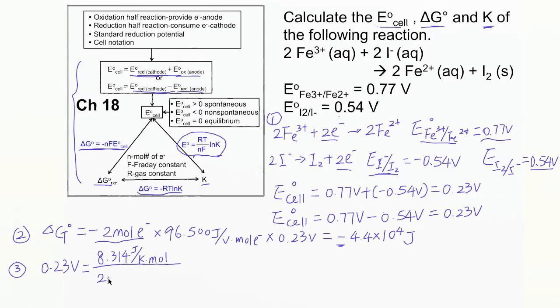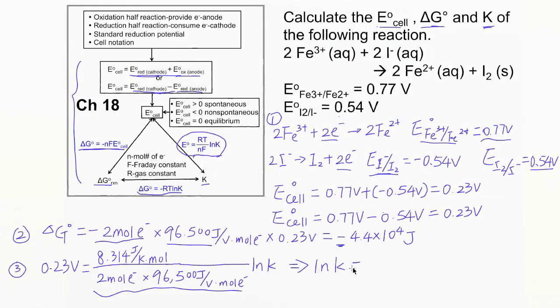That would be 2 mole of electrons, times the Faraday constant, 96,500 joule per volt per mole of electrons, and then it's ln K. And if you do the calculation, dividing this item on the two sides, you get this number, ln K equals 17.92.